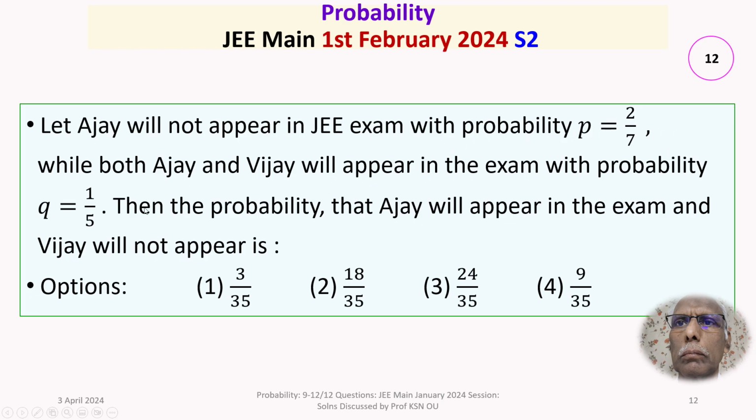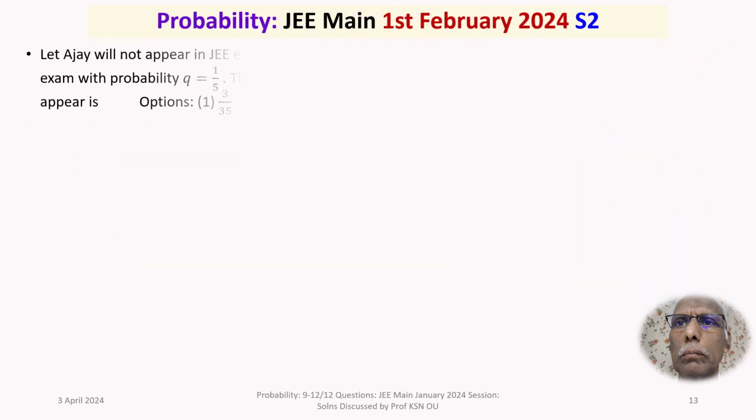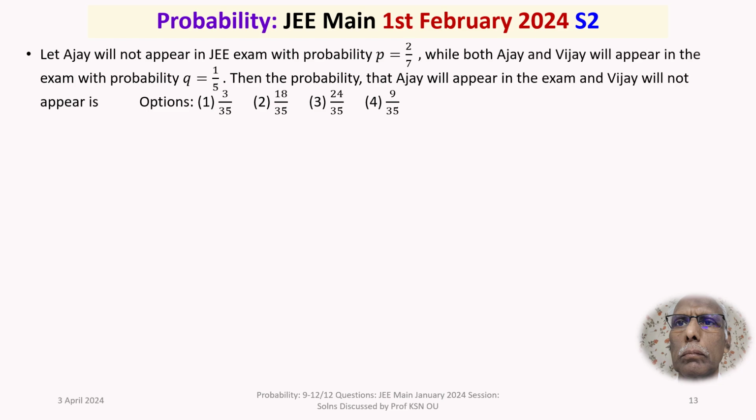And it is also given that the probability of both Ajay and Vijay appearing in the exam is 1 by 5. We are required to find the probability that Ajay will appear in the exam and Vijay will not appear in the exam. And this question is definitely an easy question. Let's now discuss the solution of the problem in detail.